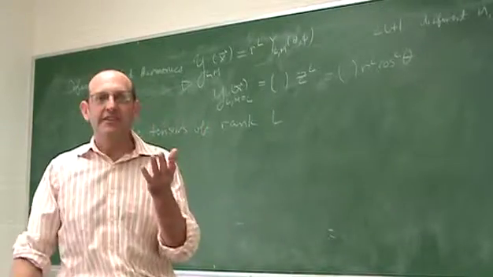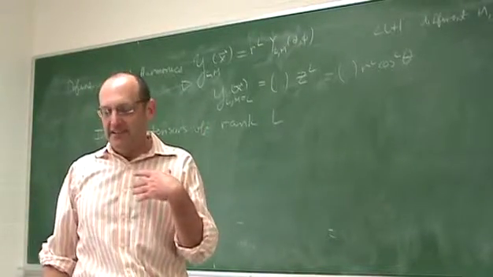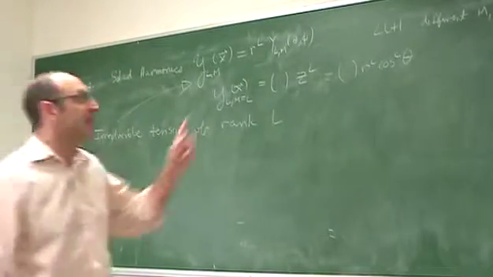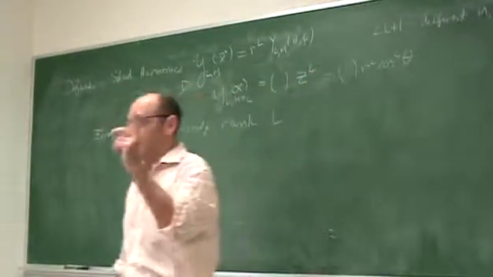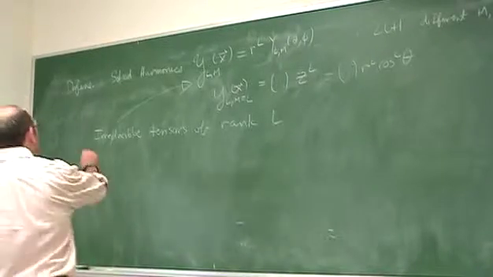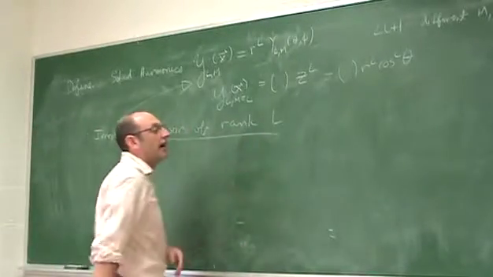What is a tensor? A tensor is an object which has components, in this case 2L+1 components, and it rotates in a particular way. That means the components of the rotated object are related to the components of the unrotated object in a defined way. How do we see how this rotates?